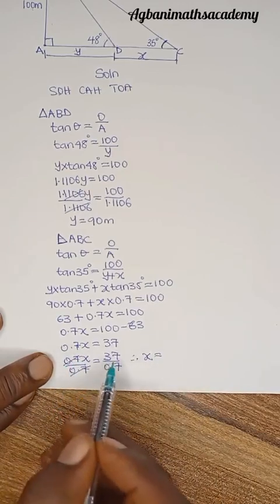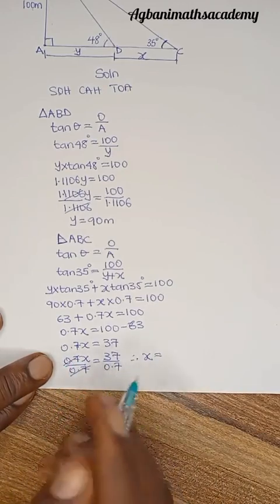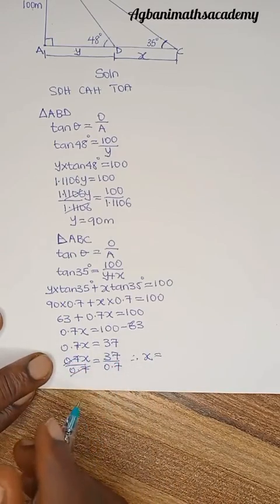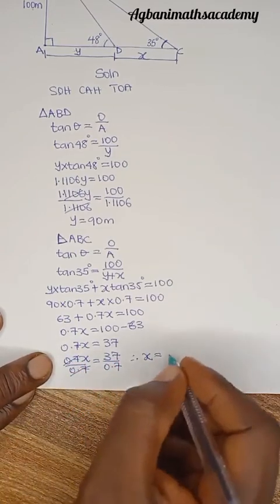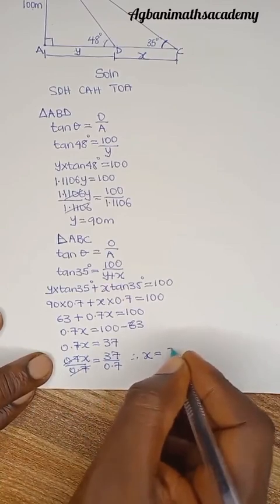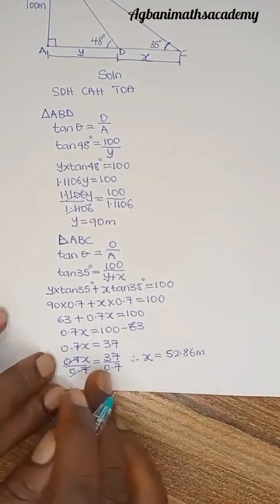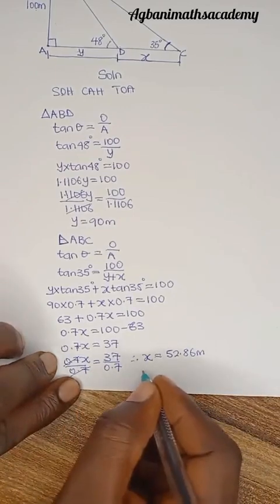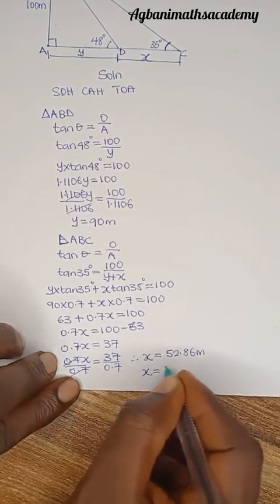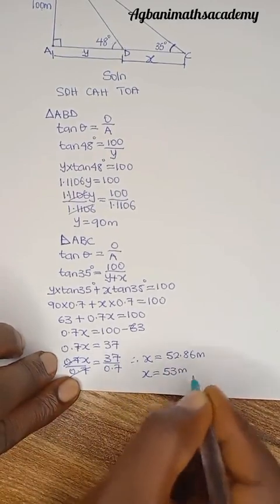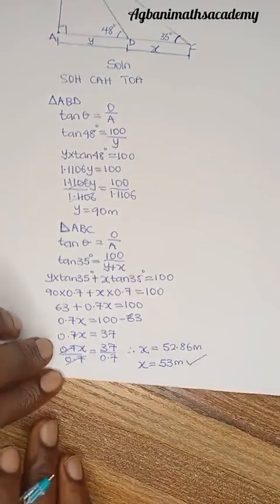Okay, so 37 divided by 0.7 is going to give us 52.86 meters. So the value of x is equal to 52.86 meters. We can approximate to the nearest whole number to have x is equal to 53 meters. This becomes our final answer.